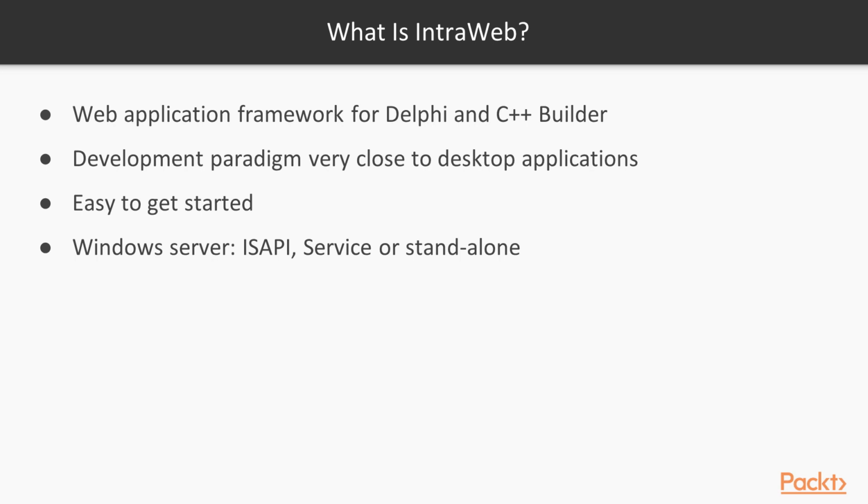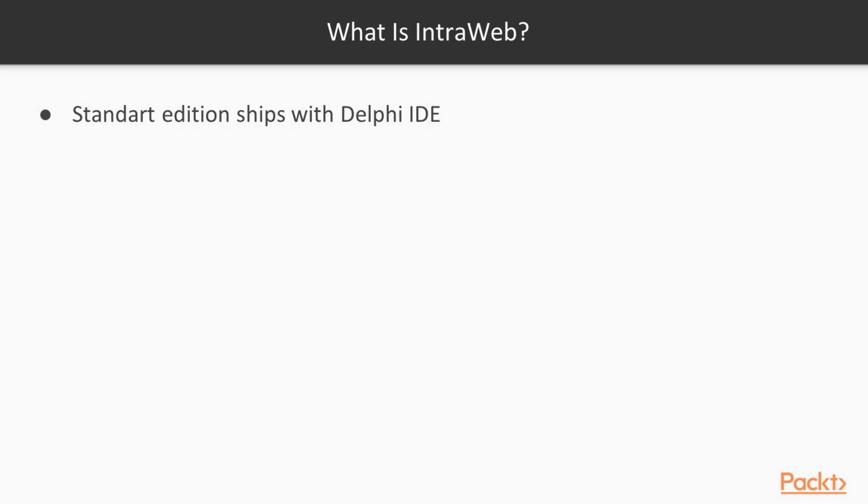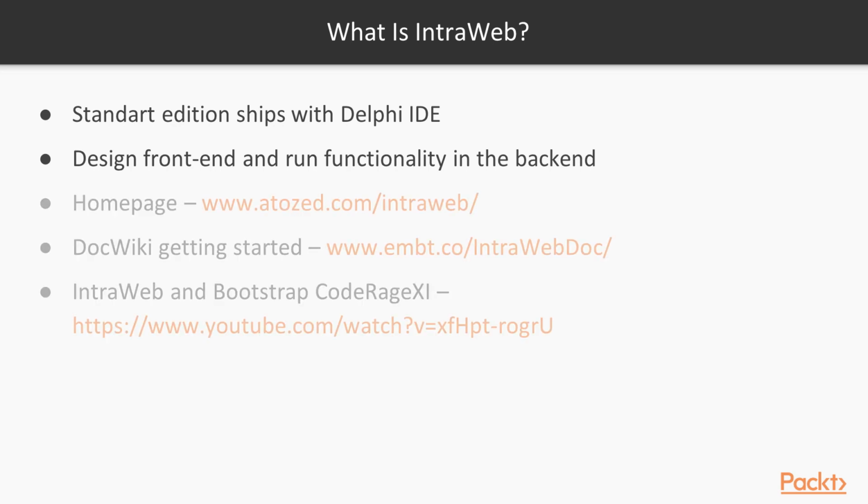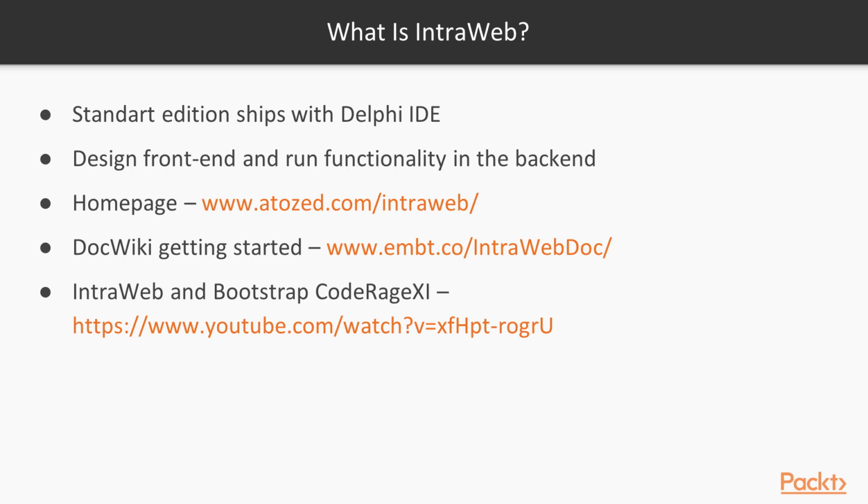The core of this framework was built many years ago, but it still works and is reliable and used by many developers, and you can create enterprise web applications. Intraweb Standard Edition ships with Delphi IDE or C++ Builder, and you design the front-end and run functionality in the backend. You can learn more about Intraweb by looking at this website, atozed.com/intraweb.